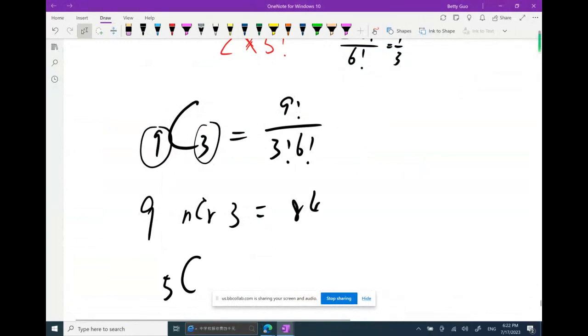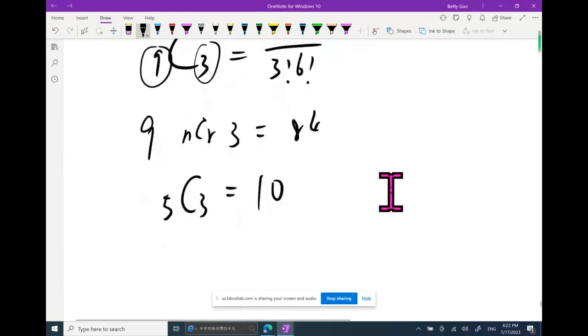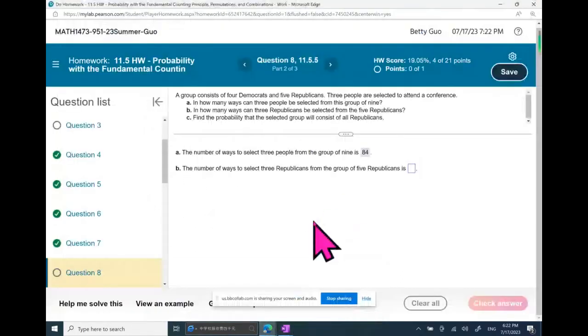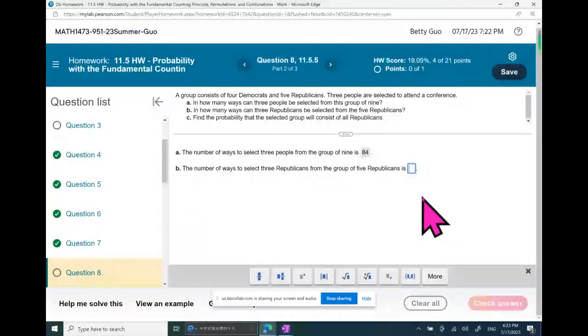Calculator. 5 first, and math, probability, nCr, 3, 10. We have 10 different ways to select 3 members from the 5 Republicans.